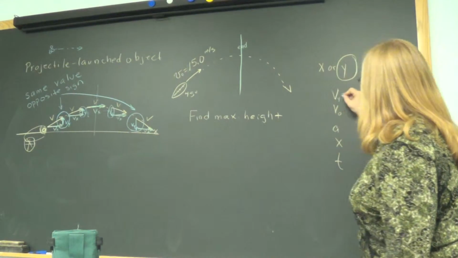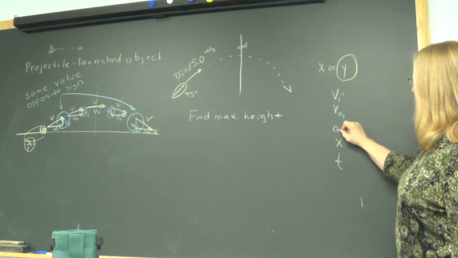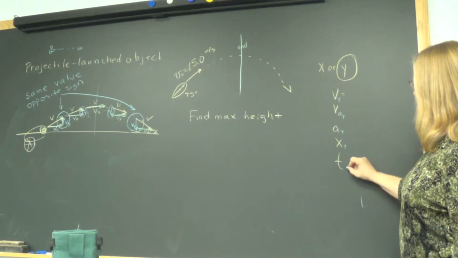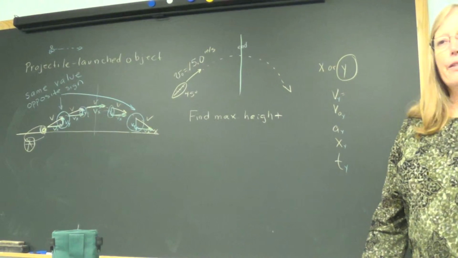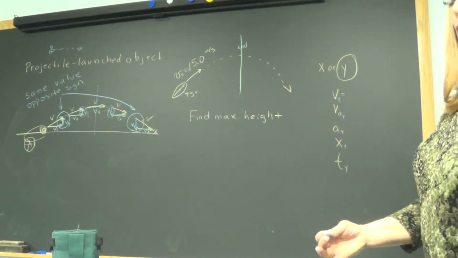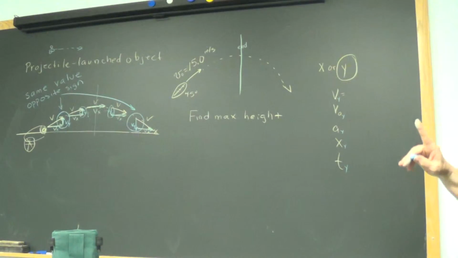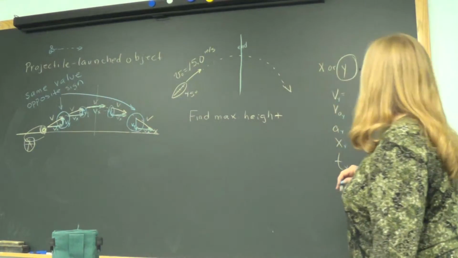V sub y, v sub o sub y, a sub y, x sub y, t sub y. Because it makes a difference. Every single one of these values are different in x than they are in y, except one. So think about which one that is, and we'll talk about it when we finish our list.